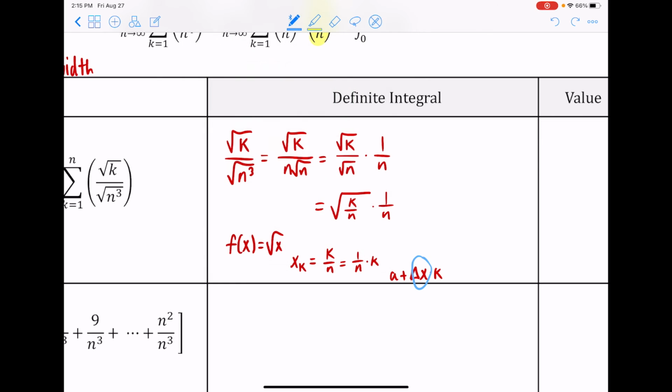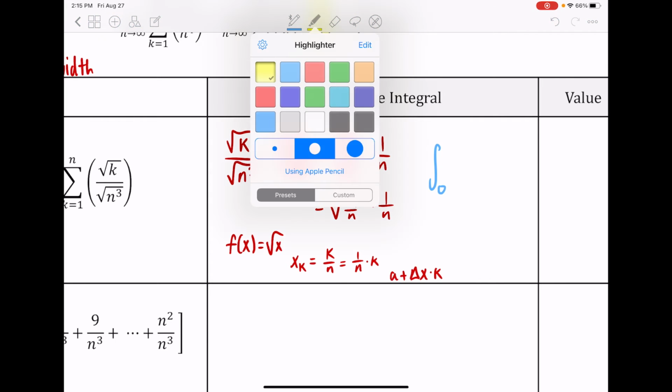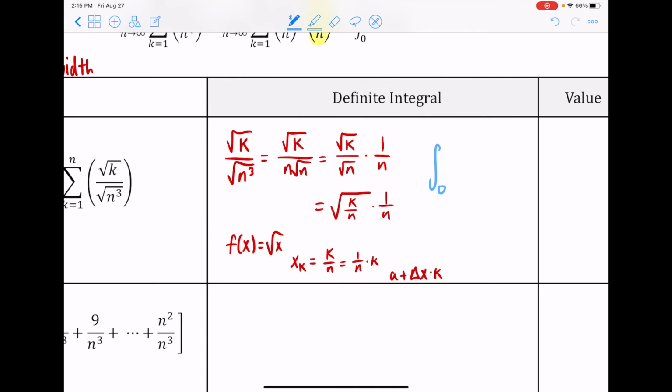So basically, our integration is starting at 0, and it's going up. What would b minus a be in this case? I'm going to say it's 1. And we know that the width of the interval is whatever you're dividing by n, so the width of the interval is going to be 1 there.